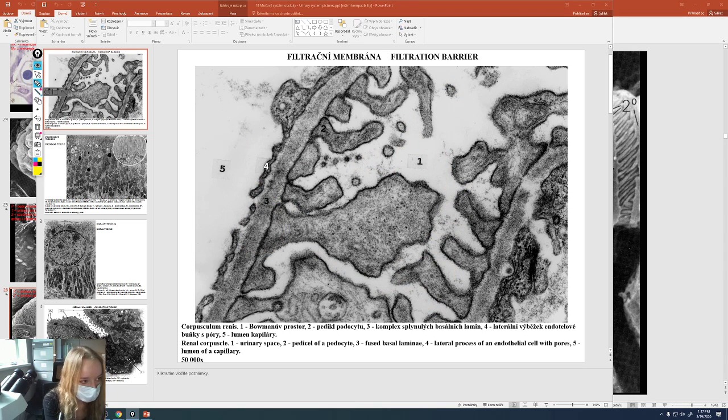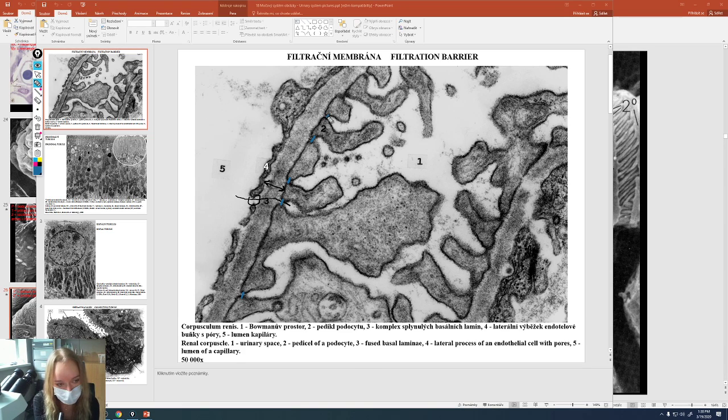Okay. So just remember the pores, they are important. The fused basal lamina is right here. And the urine is going around the processes of podocytes. And these processes are connected with something called a diaphragm.